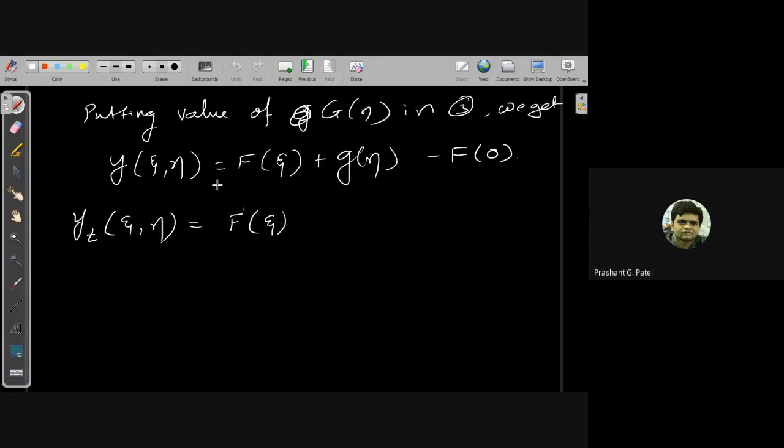The derivative of xi gives me minus c, plus g dash of eta. The derivative of eta with respect to t gives me c, because eta is equal to x plus ct and xi is x minus ct. And the derivative of this f gives me minus f dash of 0.